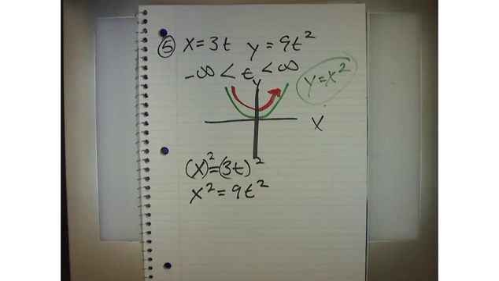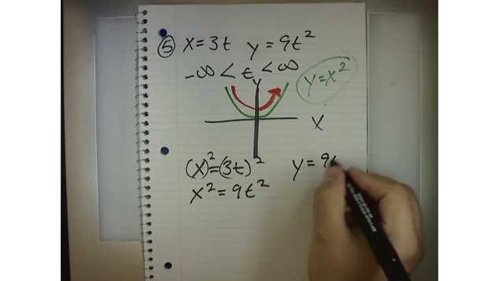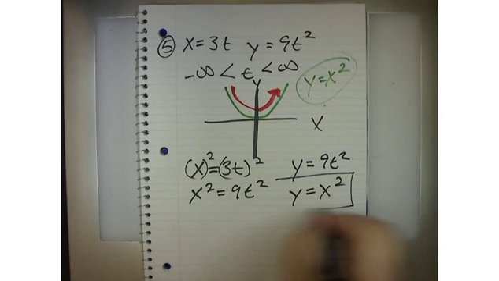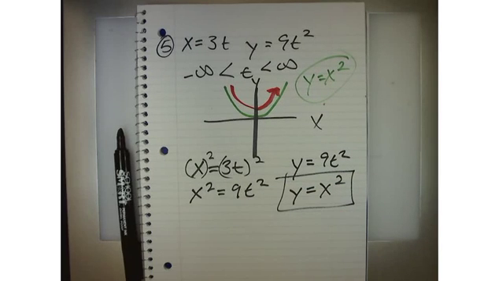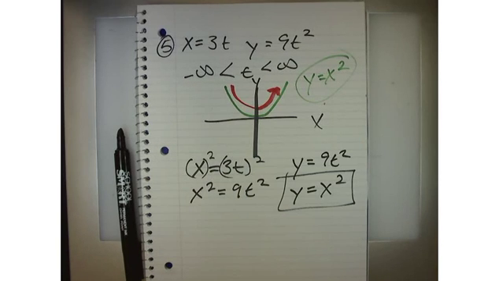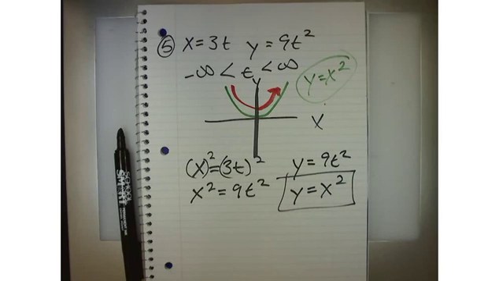And what is y? y is equal to 9t squared, so y equals x squared. So you know, if you look on the front of your textbook, it says AP Calculus: numerically, graphically, algebraically, analytically. So we've done all those things. We've looked at it graphically, and we've done some algebraic manipulations to show it.